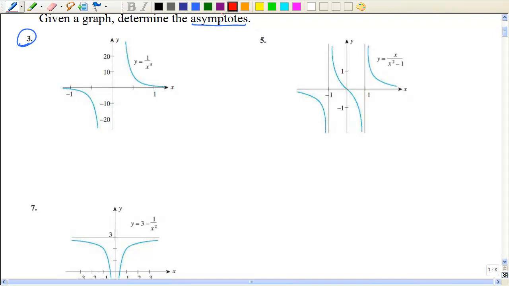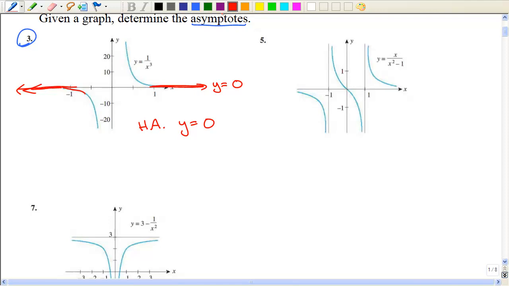So we ask ourselves, as x approaches positive infinity, as it keeps going out, what horizontal line is it getting close to? Well, I think you can see that it's pretty flat at y equals 0. That's the x-axis. And on this end, as x approaches negative infinity, we have a limit of 0 also. So we would say the horizontal asymptote is y equals 0.